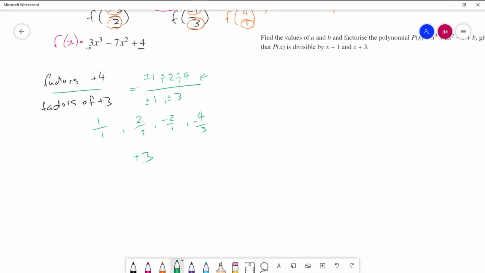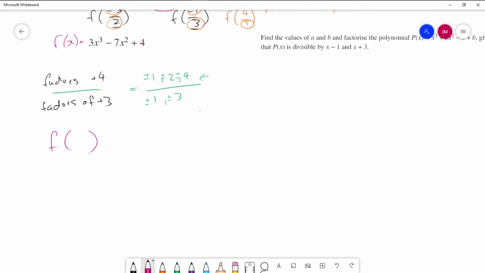So let's have a look at this and try and see if we can factorize using the rational root theorem. So again, I'm going to leave that part there. I'm going to try and sub in some value for x where my remainder would be 0. So I'm going to pick the easiest one. I've got 1 in both the numerator and the denominator. And I look at the sum here. I've got 3 times something minus 7 times something plus something.